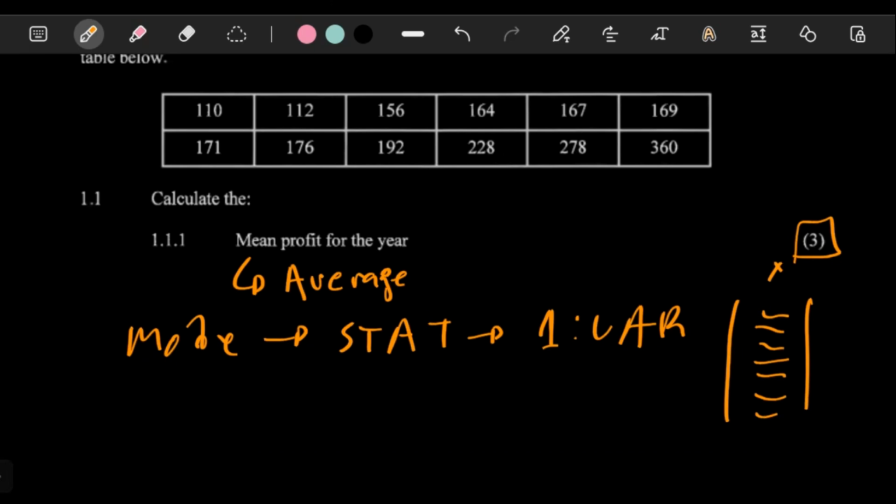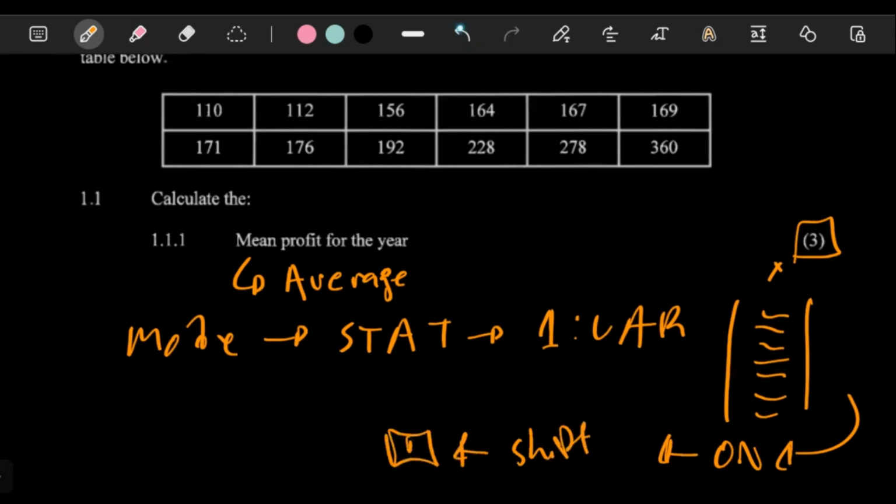Once you've put in everything, with all the data that you've put in, for you to get information on that data, you're going to press the on button. After clicking the on button, you are going to press shift, and then click on the number 1 button, where it says stat at the top.